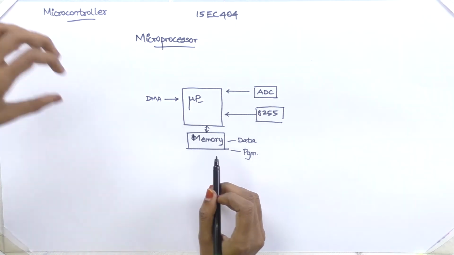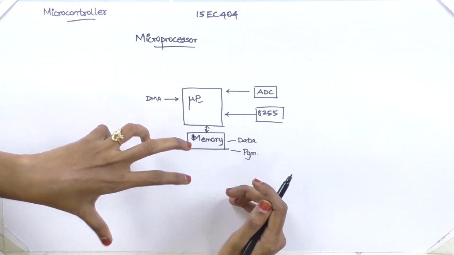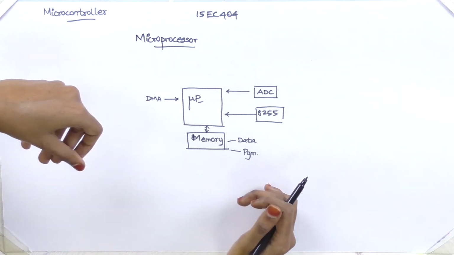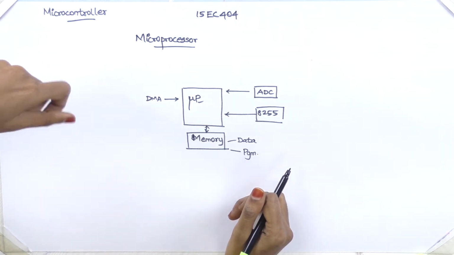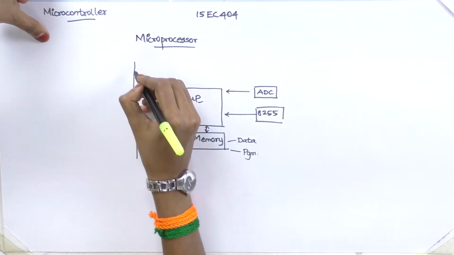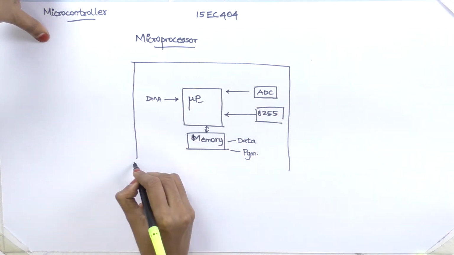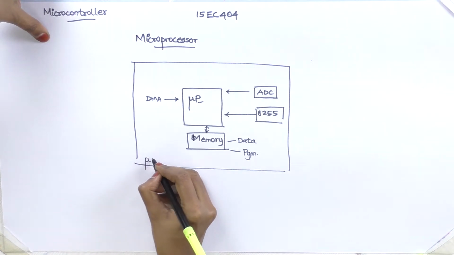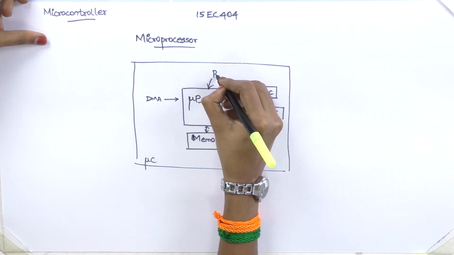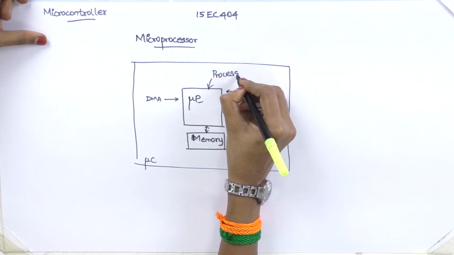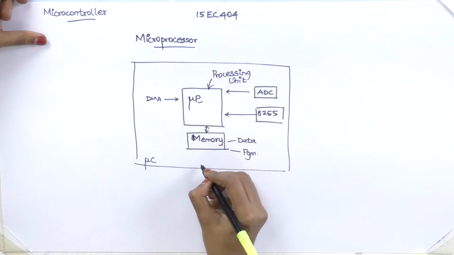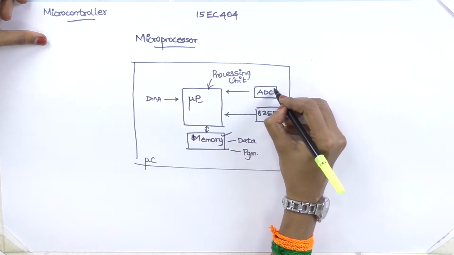All those devices we have interfaced with the microprocessor. The processing unit is separate and the peripheral devices are also separate ICs that we have interfaced with the microprocessor. But in case of a microcontroller, the whole thing is known as the microcontroller. You have your processor, which is nothing but the processing unit, and then you have your memory inside the controller, analog to digital converter.